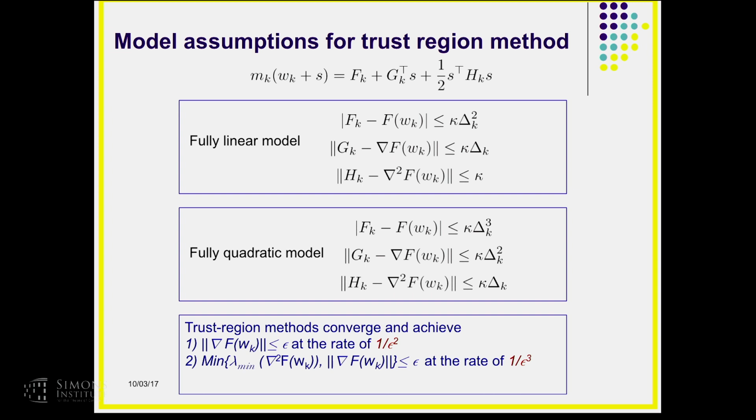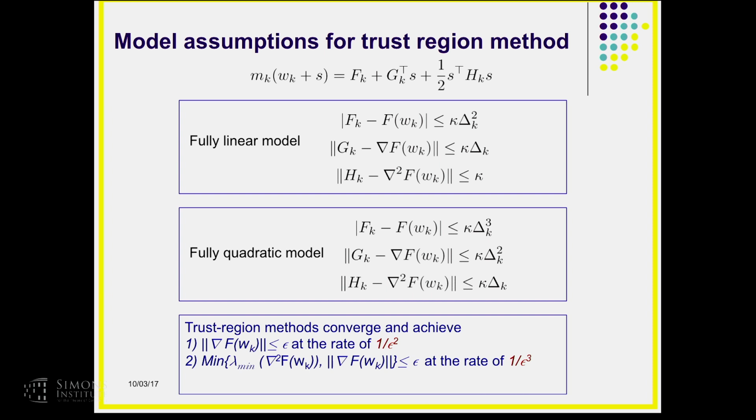OK? So if you get this, then you have a first-order convergence of a trust region method, and the convergence rate to the place where your gradient is below epsilon is 1 over epsilon squared, which is the standard convergence rate of stochastic gradient descent or any other first-order method.